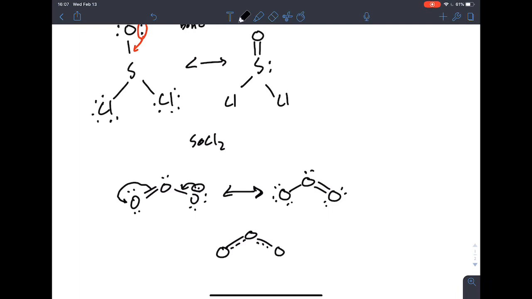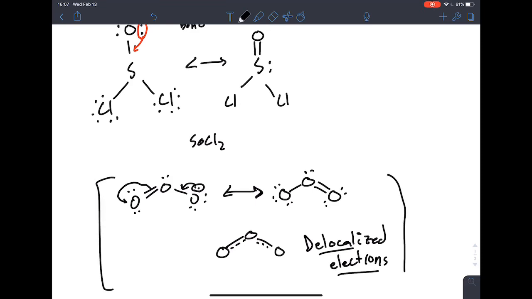This is where we get the idea of what's called delocalized electrons. This term may not be used very much in topic 4, but when we start getting into more organic chemistry, it'll definitely come into play. So this is a general form of what resonance is all about.